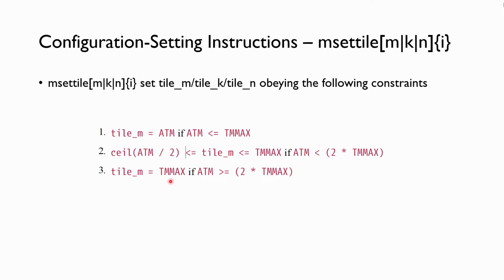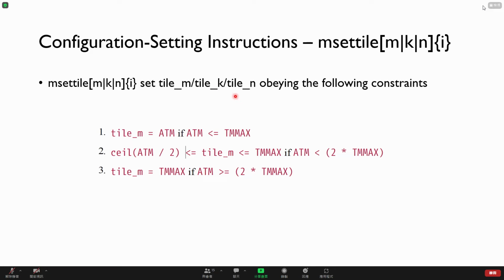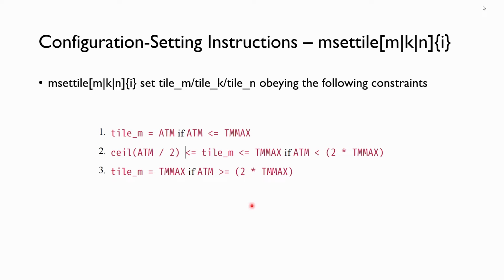The msettile instructions set the tile M, tile K, or tile N values obeying the following constraints. This is also similar to vsetvl instructions in vector extension. Take tile M, for example. If the application tile M, ATM, is less than the TM max, then tile M is set to ATM.